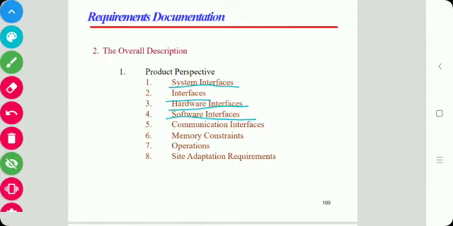Then communication interfaces, which consist of local networks. Then memory constraints, whether we are using primary memory or secondary memory. Then operations, the normal and special operations required by the users, and site adaptation requirements. So this is the second section.